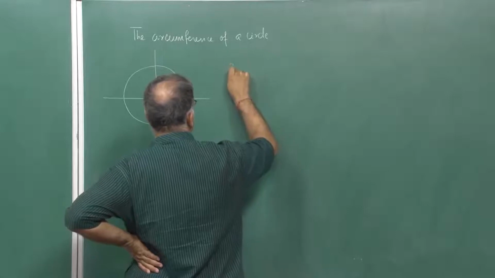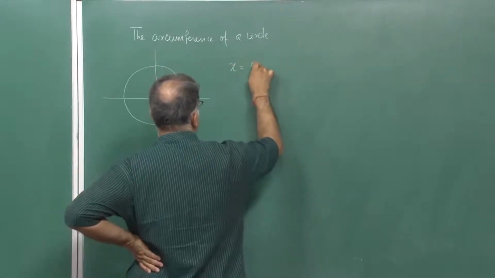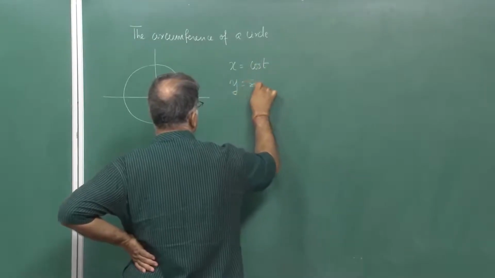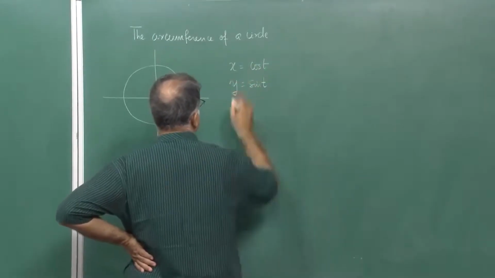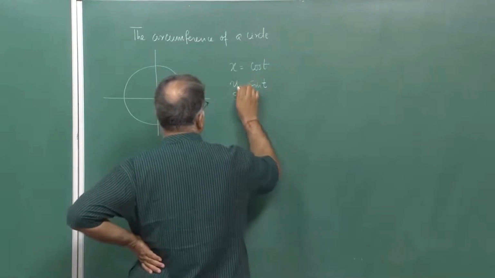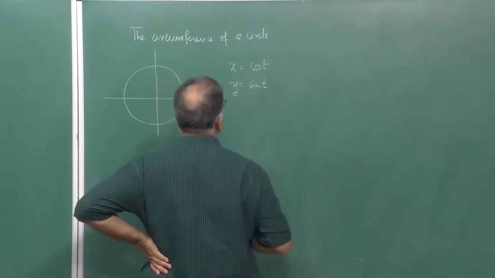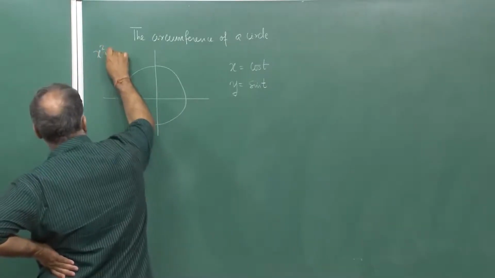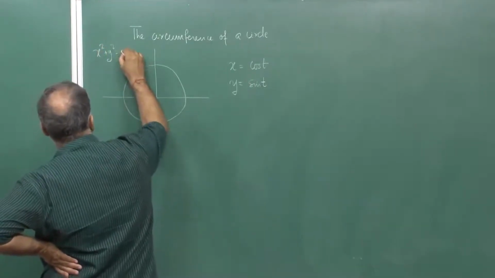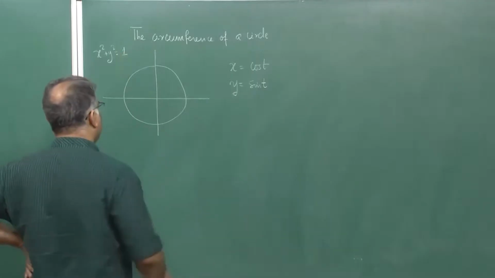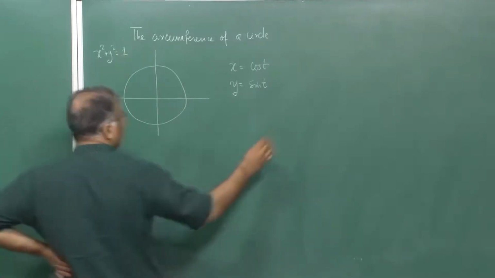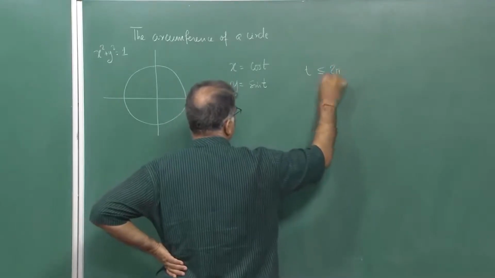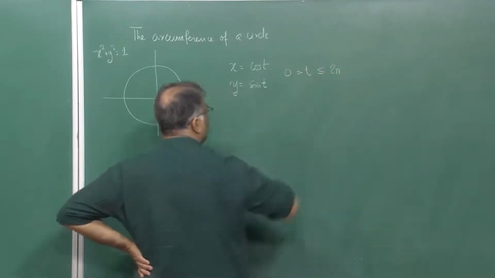How can I write it? Every x can be written as cos t, y can be written as sin t, or rather I am taking this to be of radius 1. So, I am taking a circle of radius 1, x square plus y square is equal to 1, and t of course varies from either minus pi to pi or 0 to 2 pi, whichever way you want.